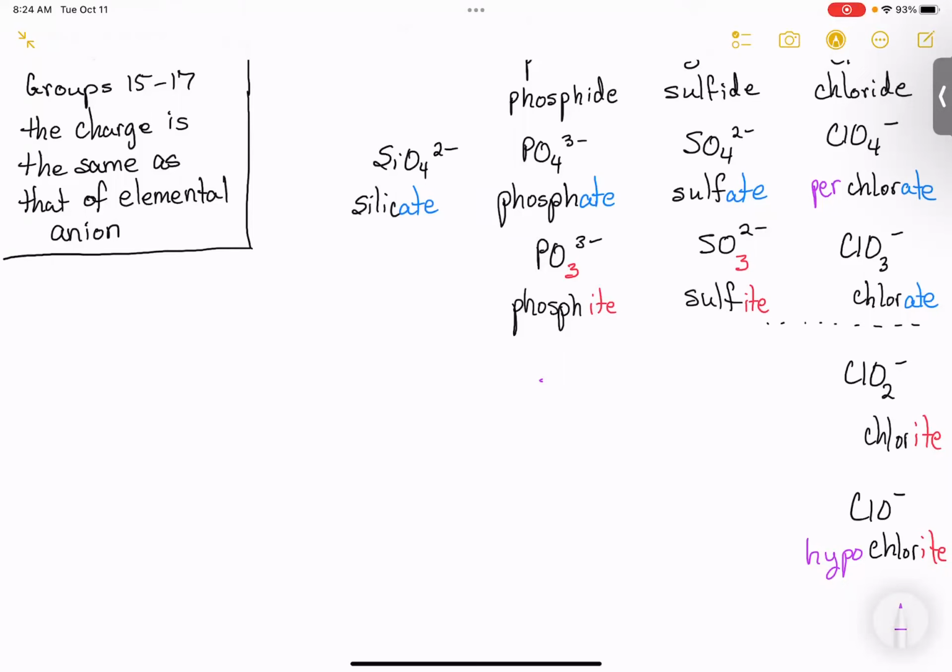So the trends thus far, period 2, you got 3 oxygens. It drops by 1 magnitude on each charge to get the ates. Period 3 through 7, the ate will always have 4 oxygens to start. But in period 3 through 7, specifically for groups 15 through 17, their ate, their oxy ion, has the exact same charge as their elemental ion.